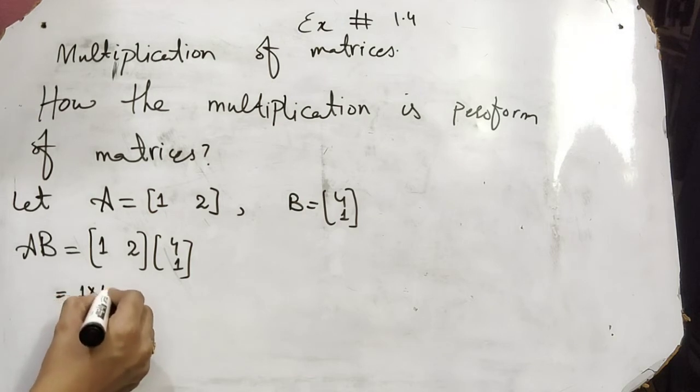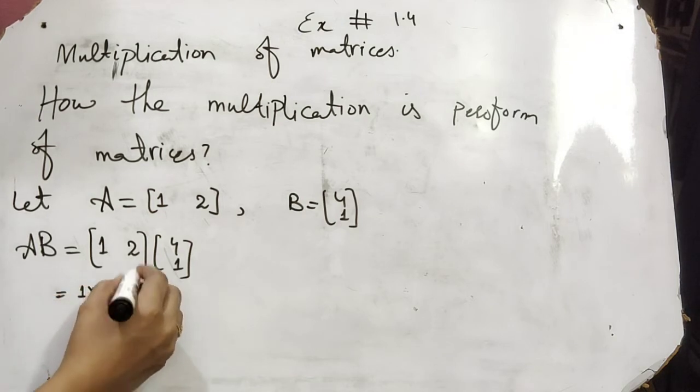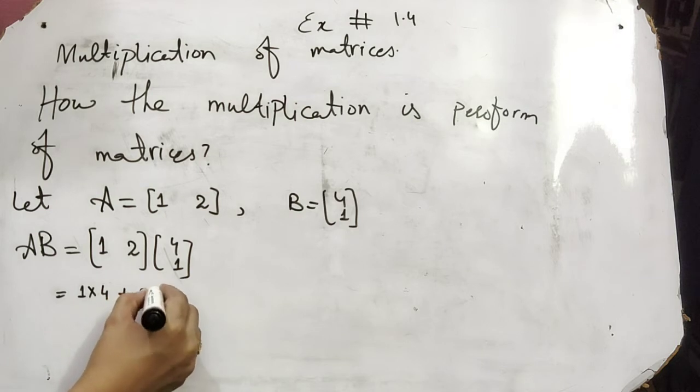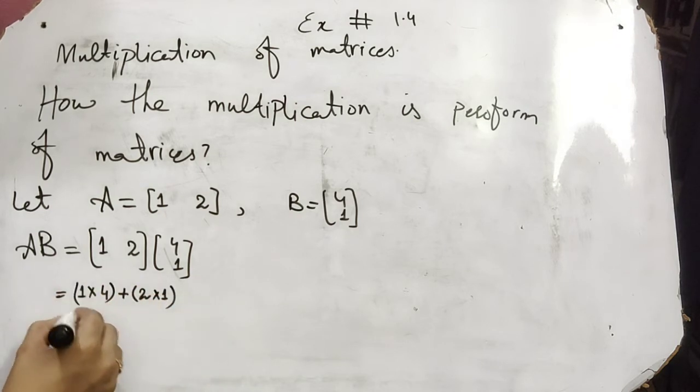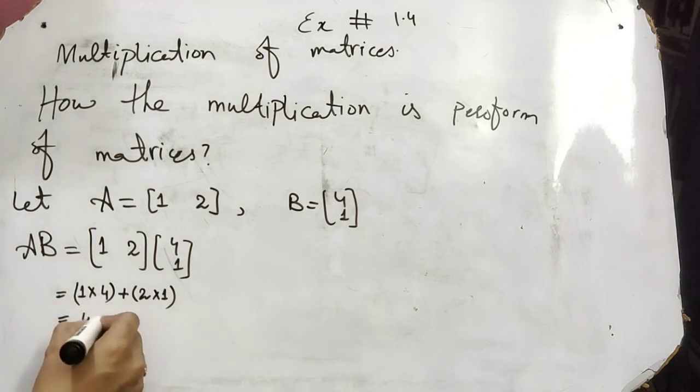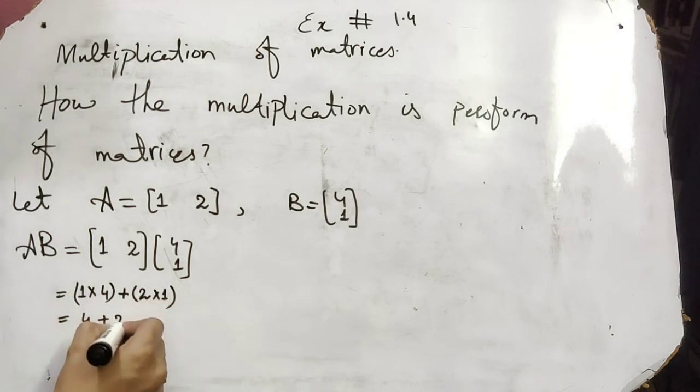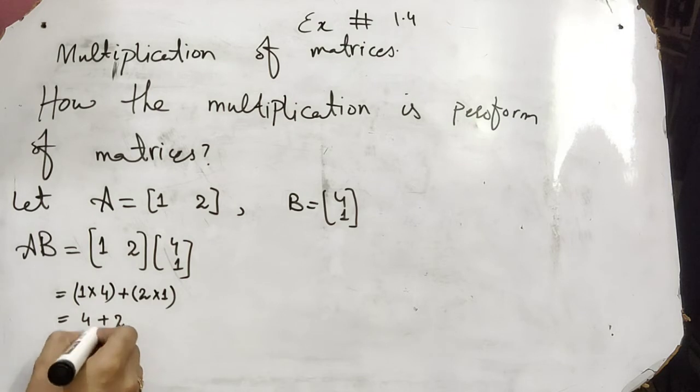One multiplied by 4 plus 2 multiplied by 1, which is equal to 4 ones are 4 plus 2 ones are 2, so it should be equal to 6.